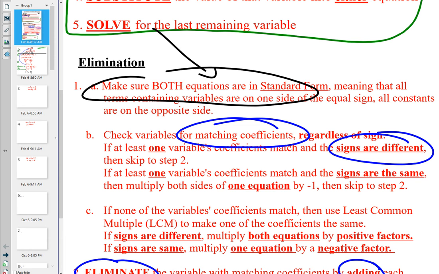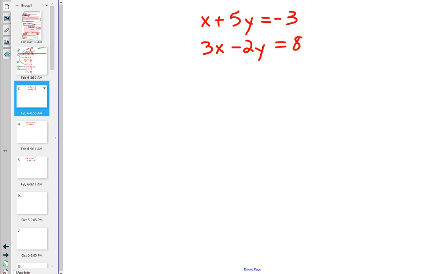It's a number that is right in front of a variable, right? So if we look at the x's, the coefficients are not the same. The top x has a 1 in front, the bottom x has a 3 in front. If we look at the y's, a 5 and a 2. I'm not worried about the signs yet, though. We're going to do the signs afterwards. But here, I don't even have matching coefficients, so I have to make them match. This is what you were asking about, Marquise, elimination.